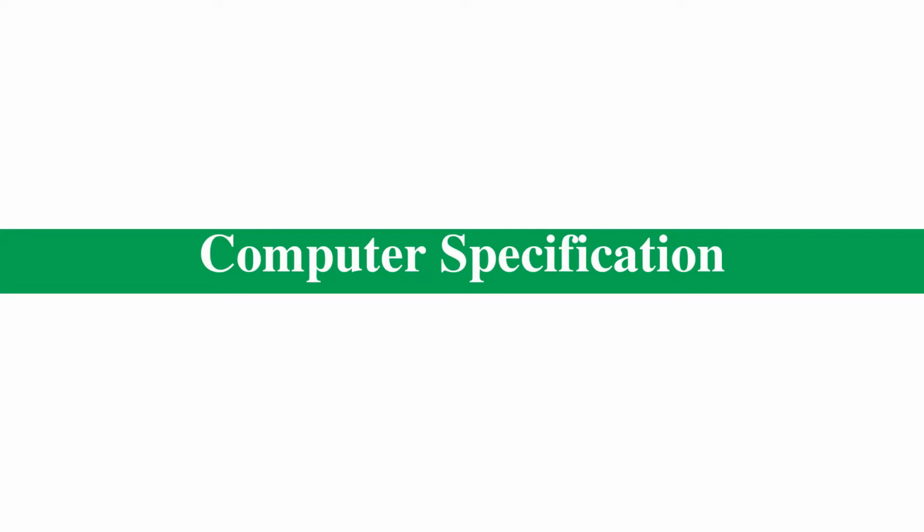I know a lot of people will be asking what type of computer I need to buy, or do I need this, do I need that. There are things that you need to understand and pay attention to. If you understand such specifications, even if a computer is the size of a mobile phone, if it has such specifications, then believe me, it's a big computer.